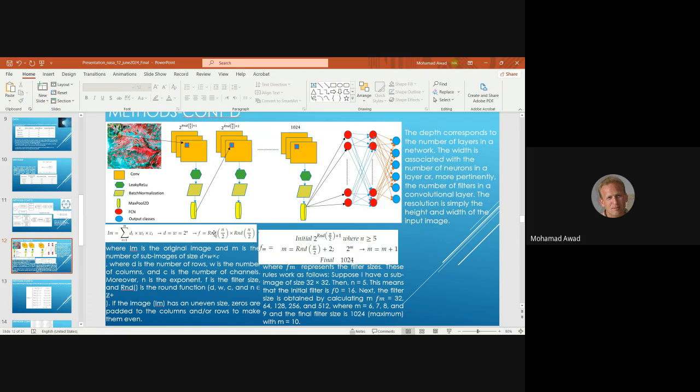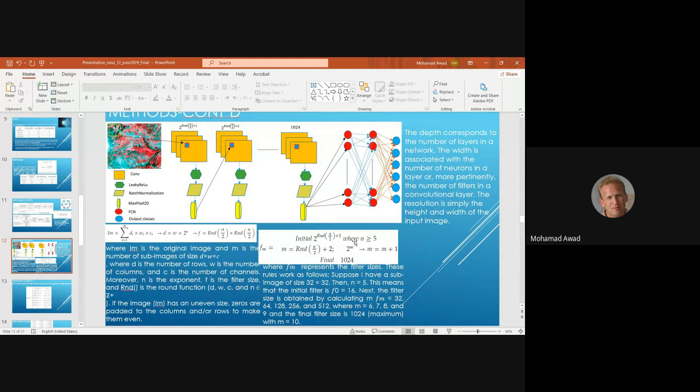So if n is, let's say, 5, because 32 by 32, then we have 5 over 2, which is a 3 by 3 initial filter. Then for each convolution layer, we add different filter sizes until the final one is 1024.